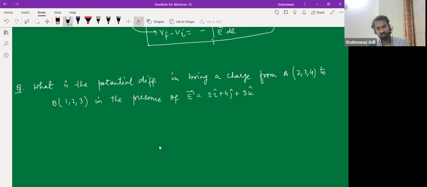So what is given, guys? R initial is given, which is R A.